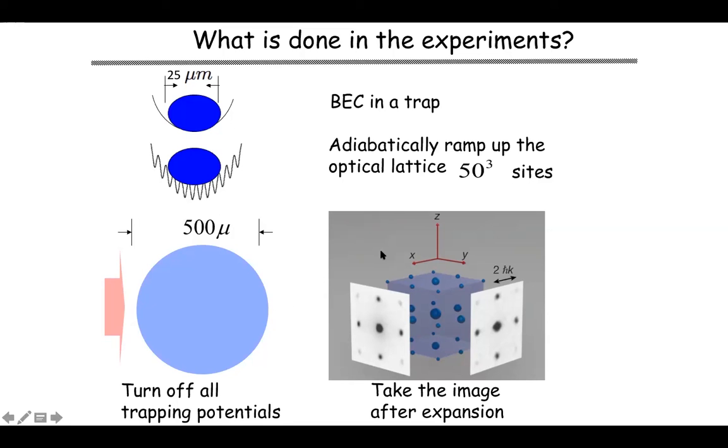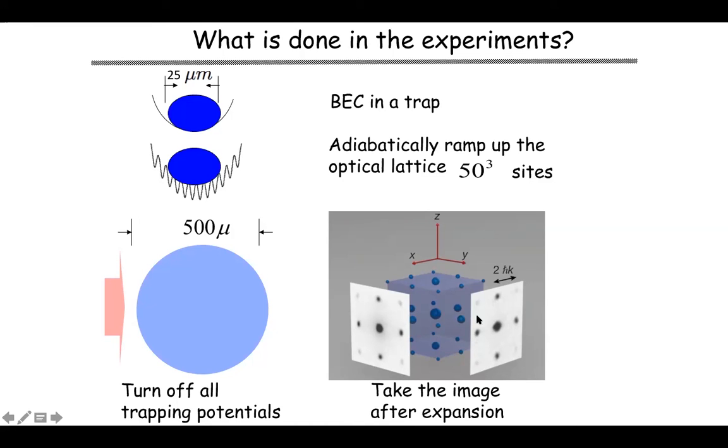After it expands, they take this image as I show on the right. They take an image of where the atoms hit at different points. This is a real space image on these gray spots. So they put like a piece of paper or a piece of detector, and they count how many atoms are hitting at different spots.